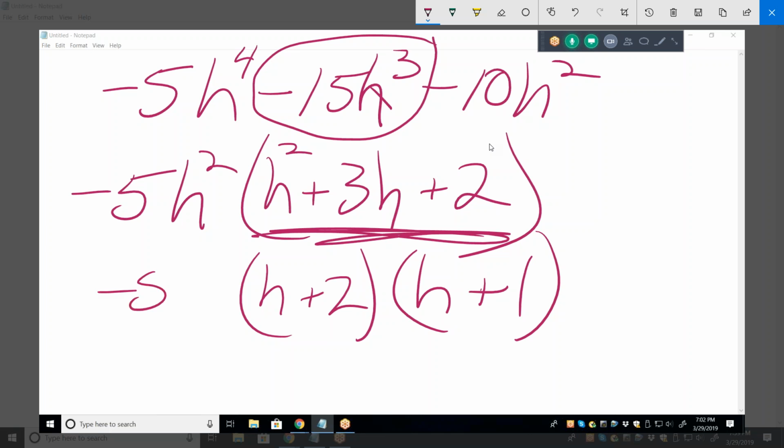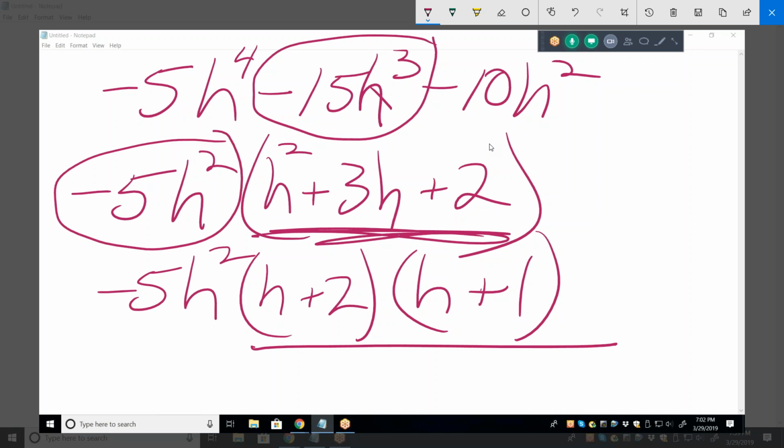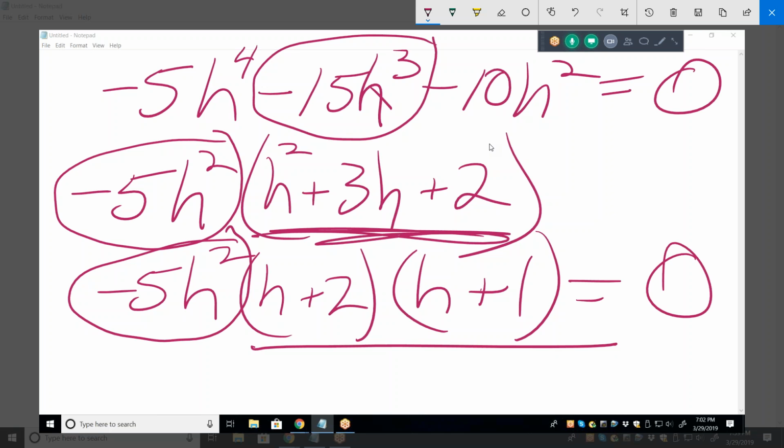Now, I can't leave that off. If you leave that off, you will get deducted. In other words, if you were to give just that as your answer, you're taking points off. You've got to remember that greatest common factor that you took out follows all the way down, especially when you're factoring an expression. If you're factoring an equation, well, it's still important, because that means one of the solutions is h equals 0.